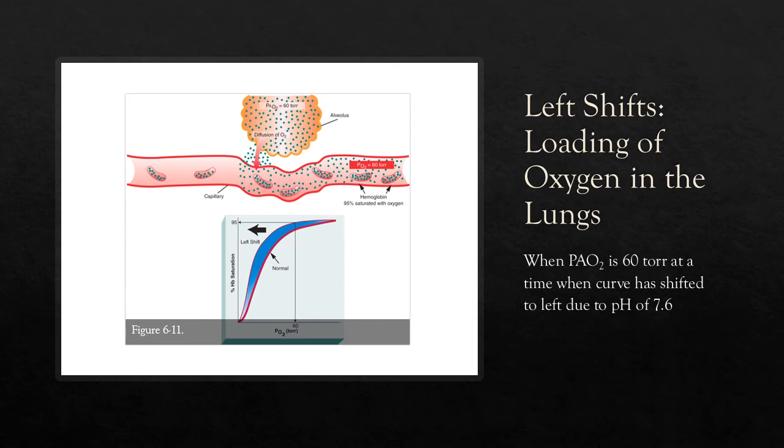You can see that at a normal time, the SaO2 would be 90%. However, with a left shift at a PO2 of 60, the oxygen saturation of the blood is now 95.